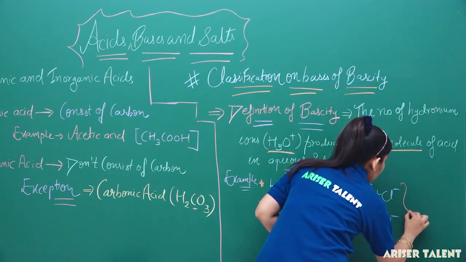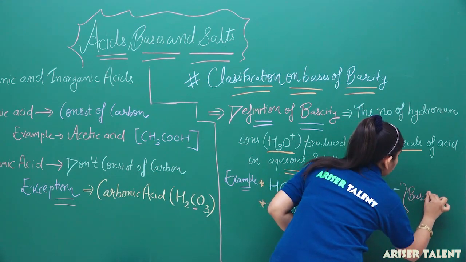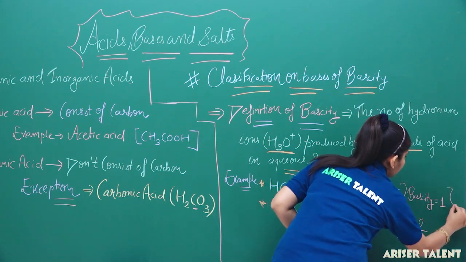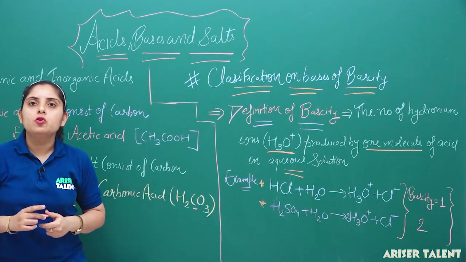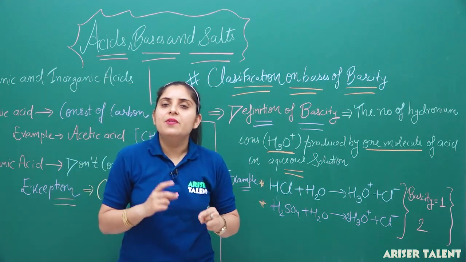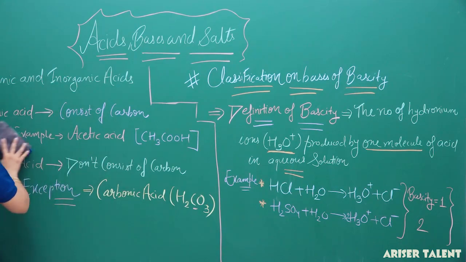So it is all about the basicity of a solution. On the basis of basicity, the acids are classified into 3 categories. Now we will discuss the categories of the second classification.